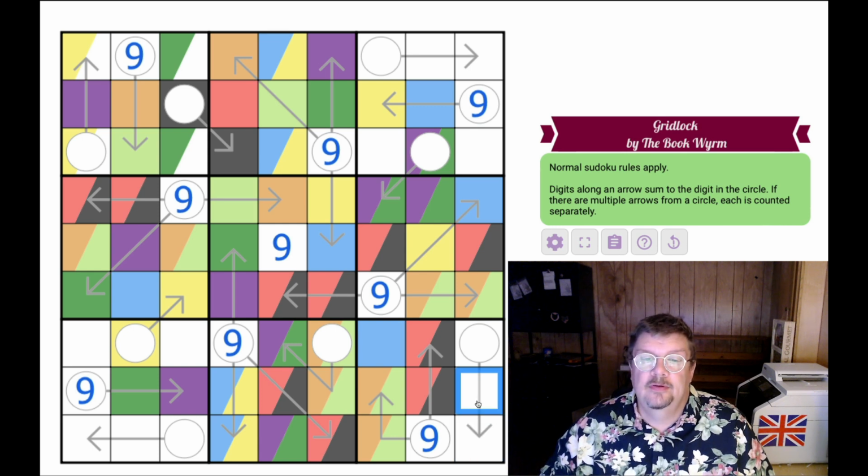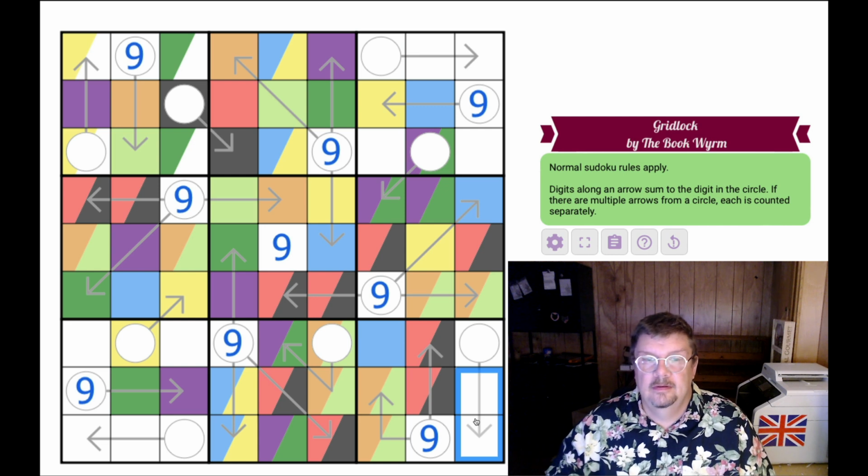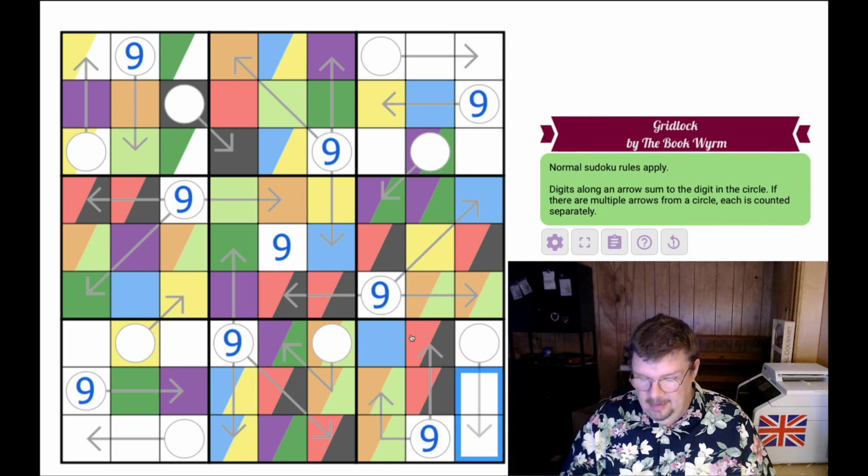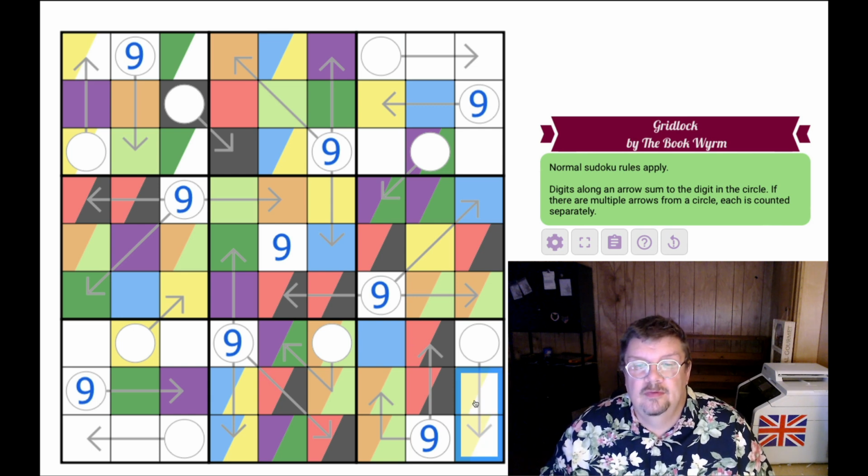Okay, I can't put yellow in either of these two cells, because if I did, it would... oh no, wait a minute. That's not a 9. Never mind. In fact, yellow has to go on one of those cells because of Sudoku. Alright, never mind. Yellow is in one of those two.